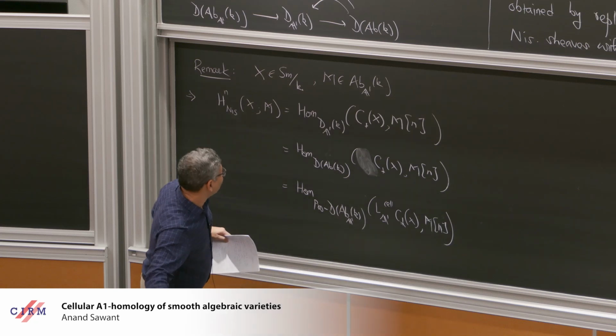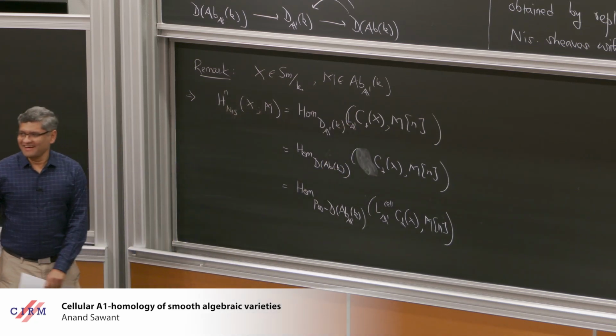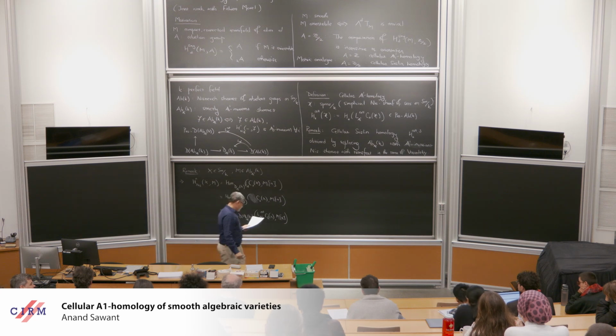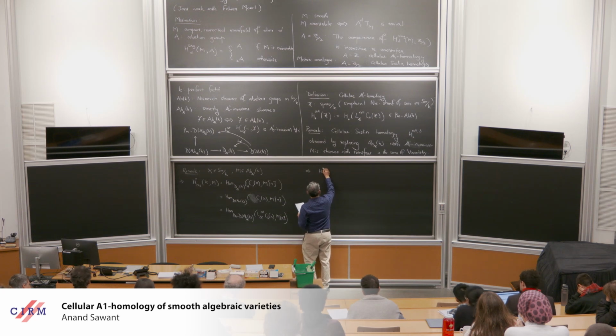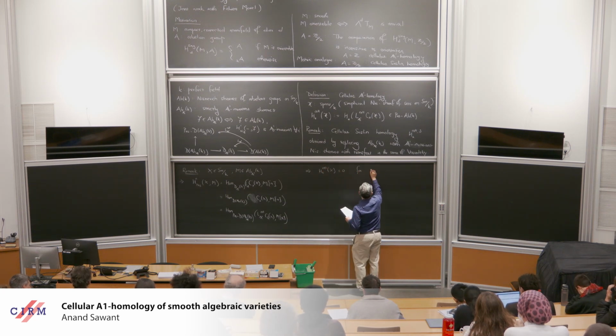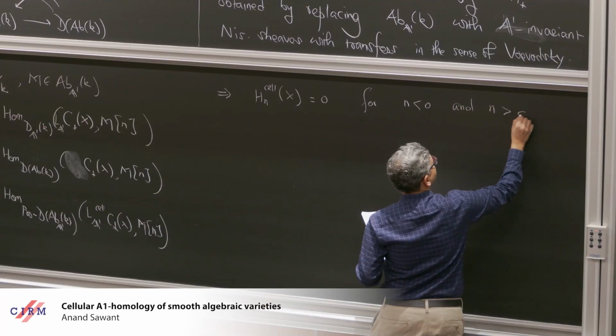Yes, this is correct. So this implies that the cellular A1 homology vanishes for n less than 0 and n greater than the dimension of X.